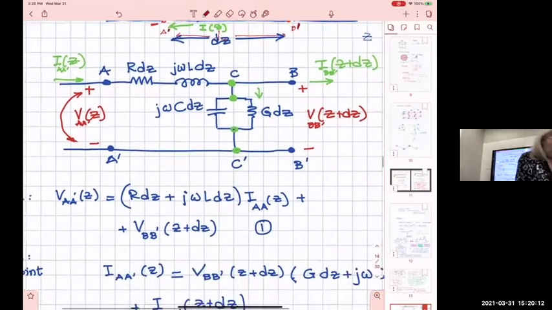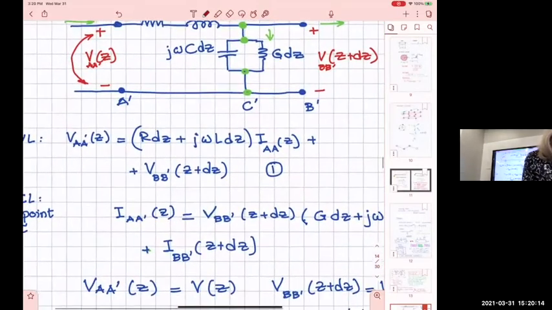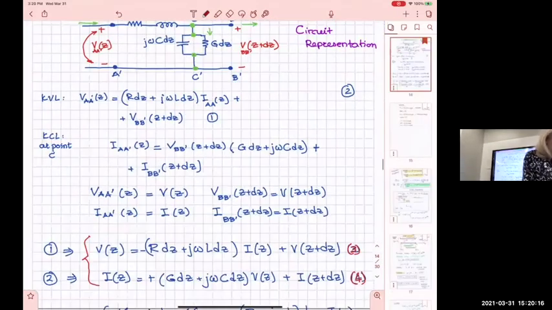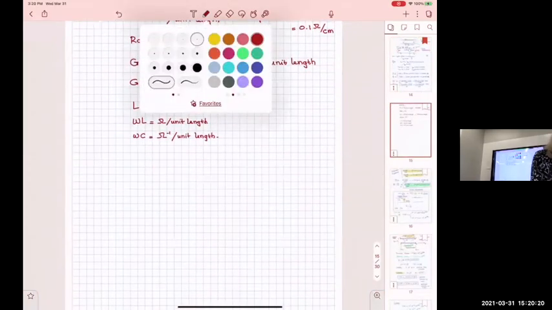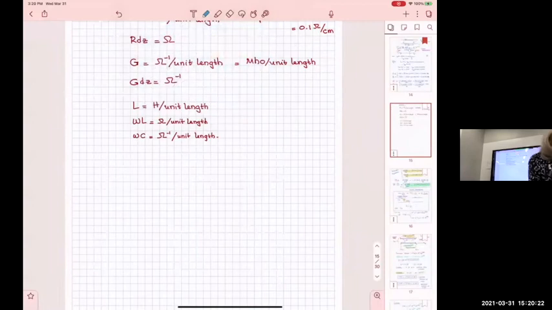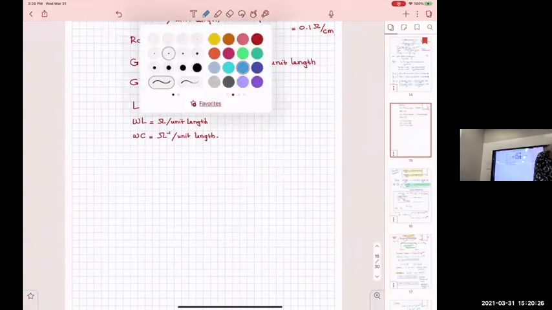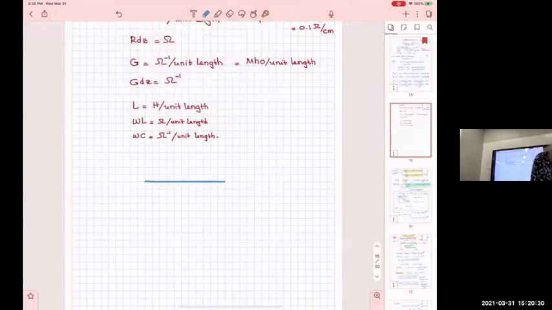I also need to remind you of something here, and I will write it here so you can see it. If I have a transmission line, and I'm going to use a symbolic representation, so I have this transmission line and this symbolic representation. I start here and I end here.